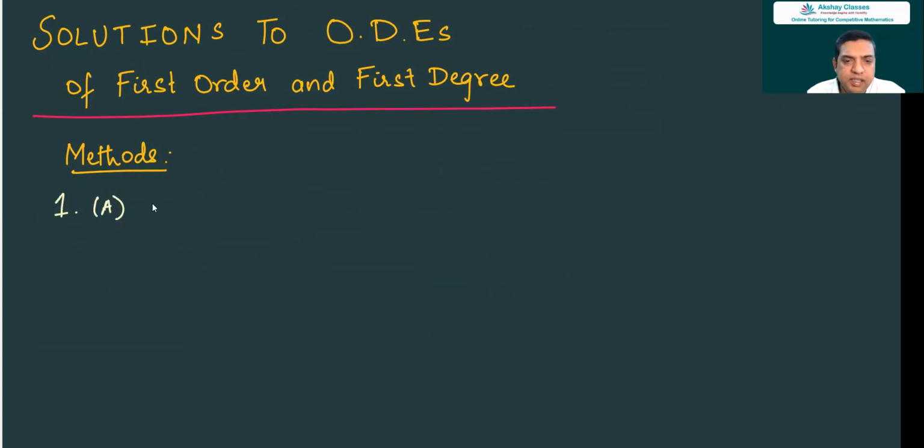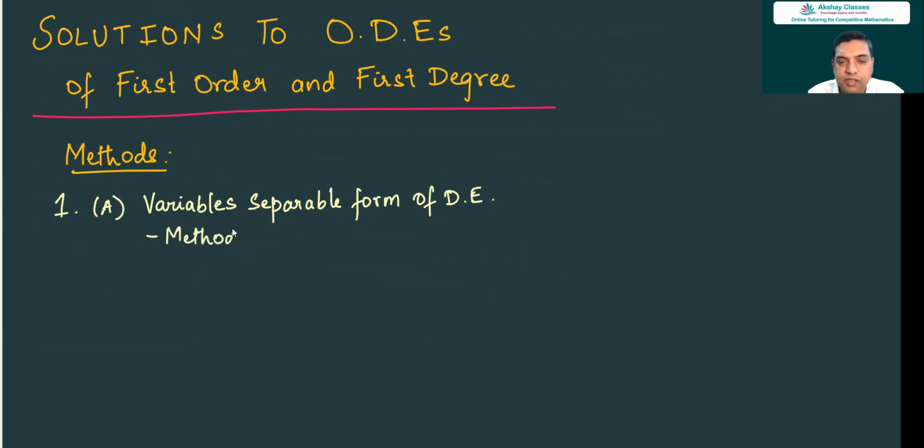The first one is separation of variables, or the variables separable form of the differential equation. We call this the method of separation of variables.